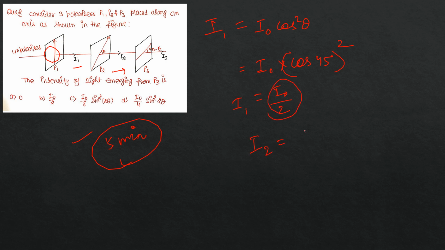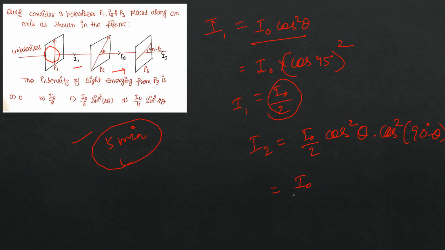I will take this as I naught by 2, cos square theta into cos square of (90 minus theta), right?